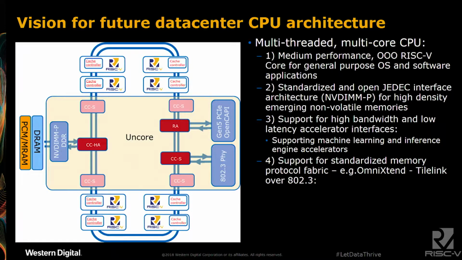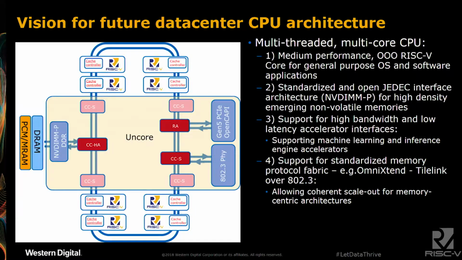And finally, it's not enough to have low latency and high bandwidth interfaces. You need to enable smart interfaces. Along those lines, we want to see support for a standardized memory protocol fabric. This is something that was announced this morning by Martin in his keynote.